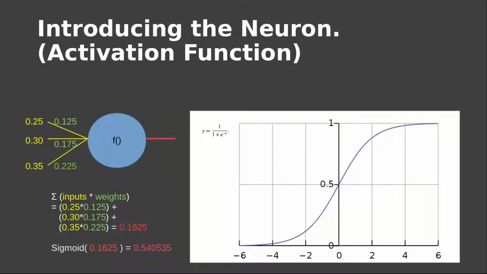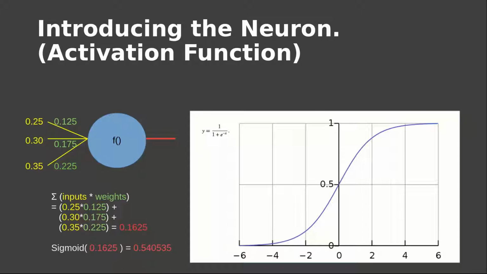Another key difference to the way that we model neurons is that it's not typical to simulate neurons firing, but instead we simulate them as having input values and an output value. The inputs to a neuron are generally the outputs from some other neuron. So I've written in some example values here. On the inputs we have 0.25, 0.30, and 0.35, and each of the previous neurons is connected to this neuron by an edge.